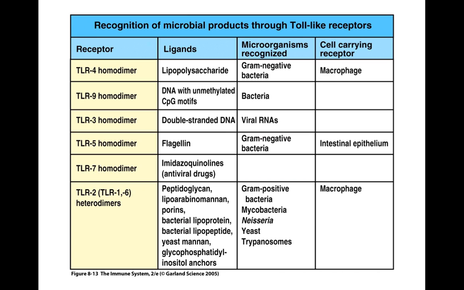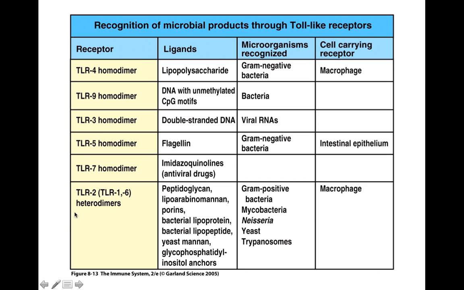Now there's a number of these that are important. I'd like you to know TLR9, in particular because we'll see that it's important for activation, and that isn't one of the more important ones recognized.